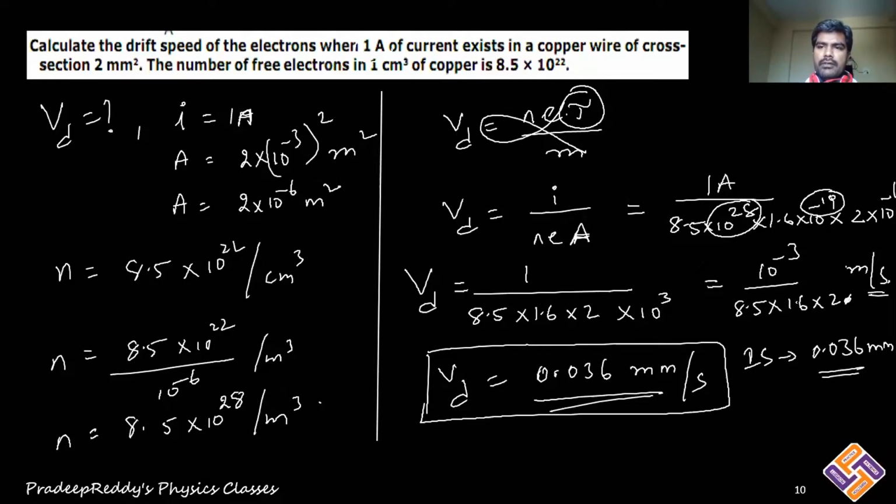So if an electron takes 1 second to travel 0.036 millimeter, then how does the bulb glow immediately when you switch on the circuit? That is what you are supposed to answer.